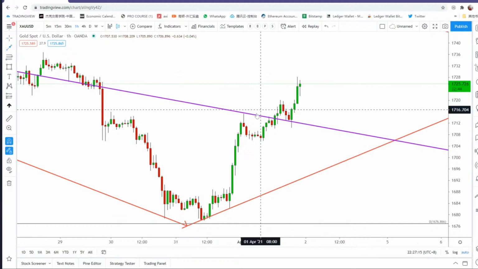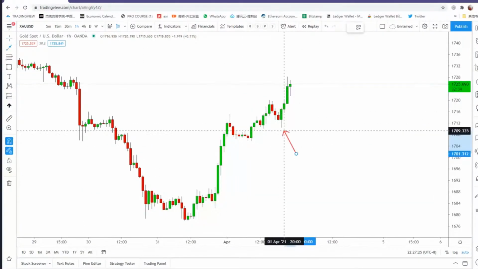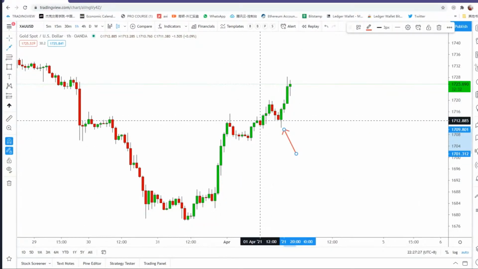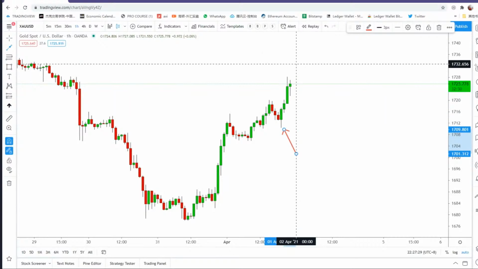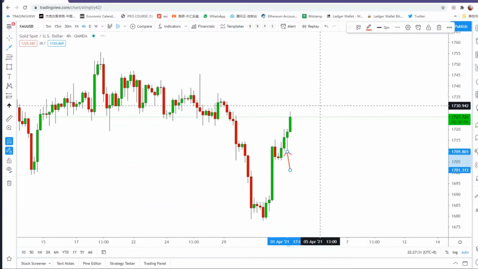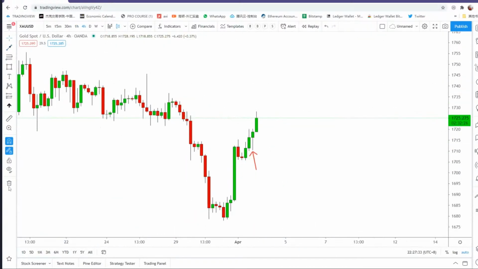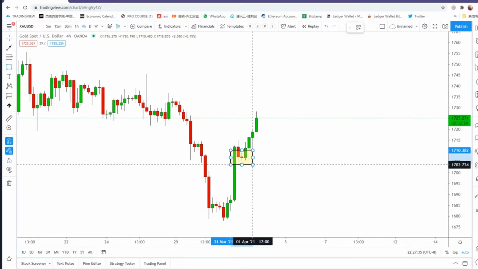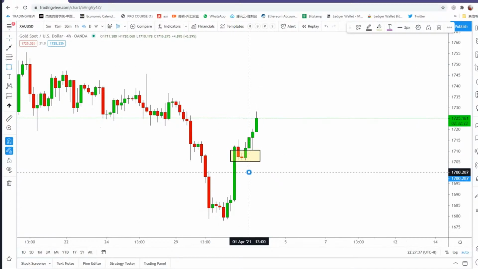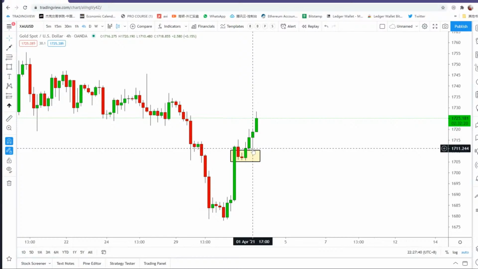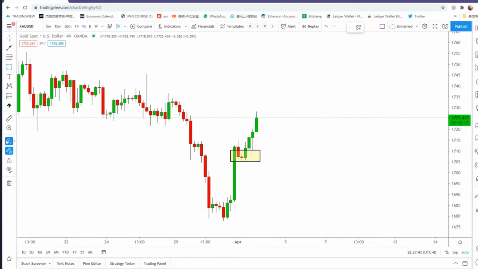A higher pin bar, and it can be an inside bar breakout. Like in the 4-hour chart, we do see an inside bar breakup, which is here. This inside bar breaks up and retests, and another inside bar formed just now.